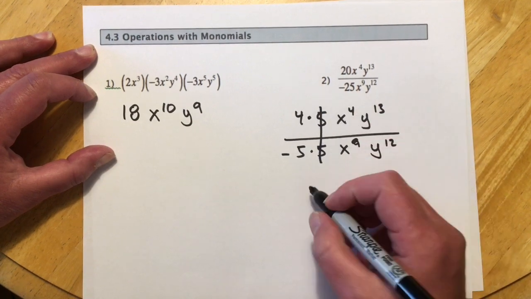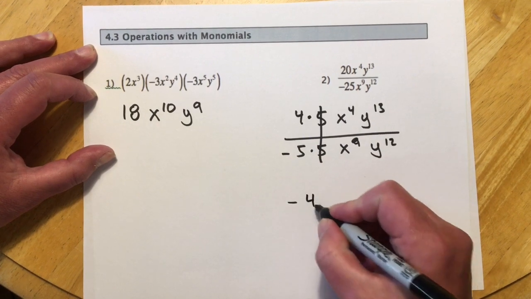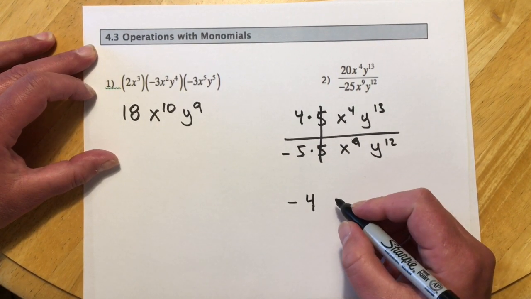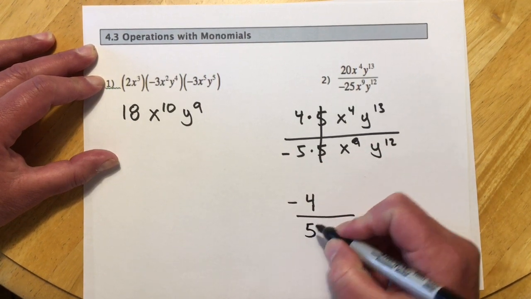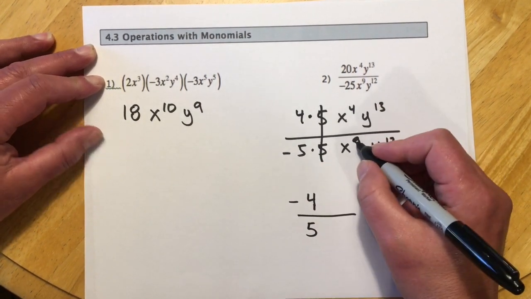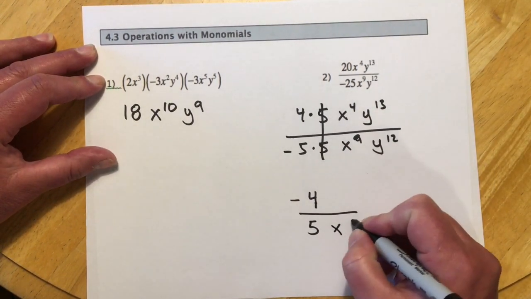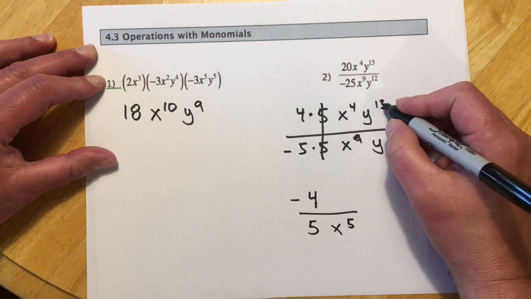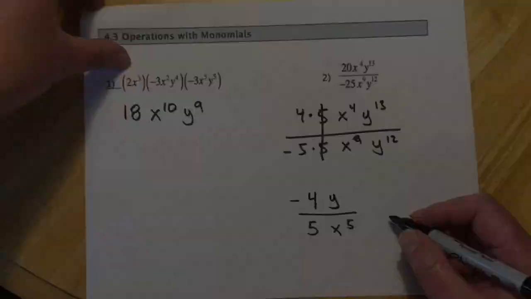Because that's one that reduces out, the negative down in the denominator looks a little funny, so I'm going to put it in the numerator, but it means the same thing. And then I'll just do my division bar over 5. So we have 4 x's up, we have 9 down. This is where I really like the cancel idea, so that'd be x to the 5th downstairs. And then 13 y's up and 12 down, so that would leave me a y up top.